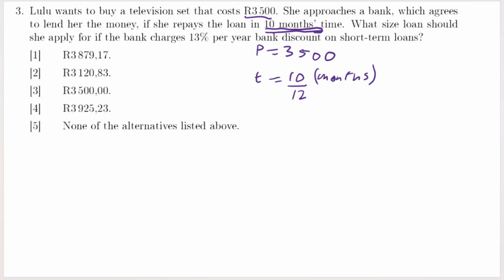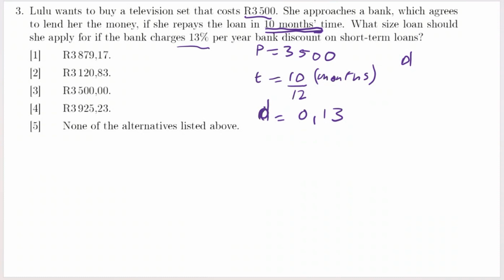So if the bank charges the 13%, so now your i is equal to 0.13, and then the bank discount. This is a discount, isn't it? The bank charges 13% bank discount. So this is a bank discount. It's not an interest. Okay.